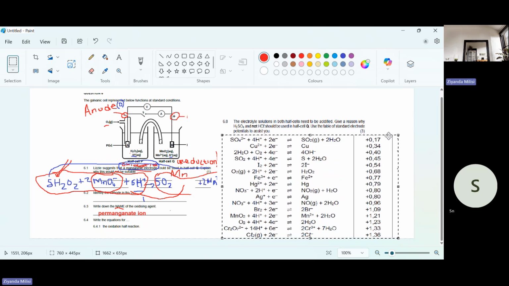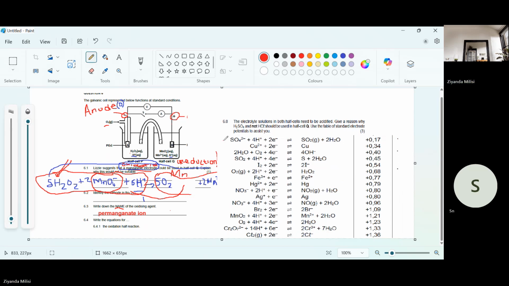Where there is Cl minus. Remember, both of them have this ion, Cl minus and SO4. So this is the one, and this is another one. All right, tick. Then you must give me now a reason.